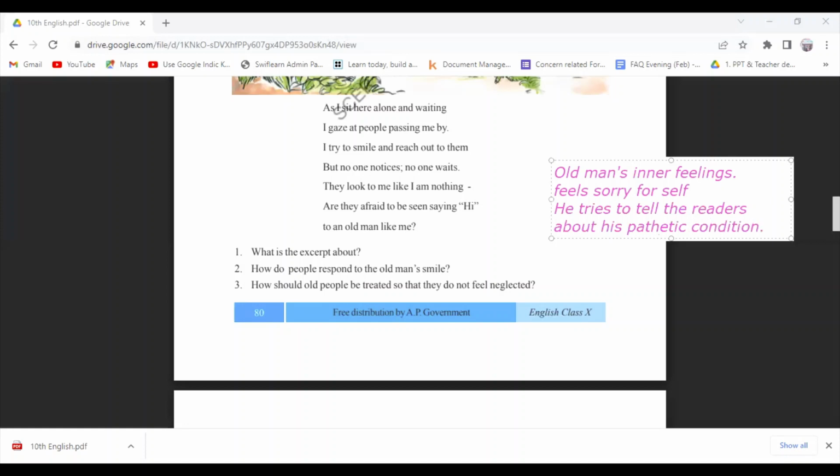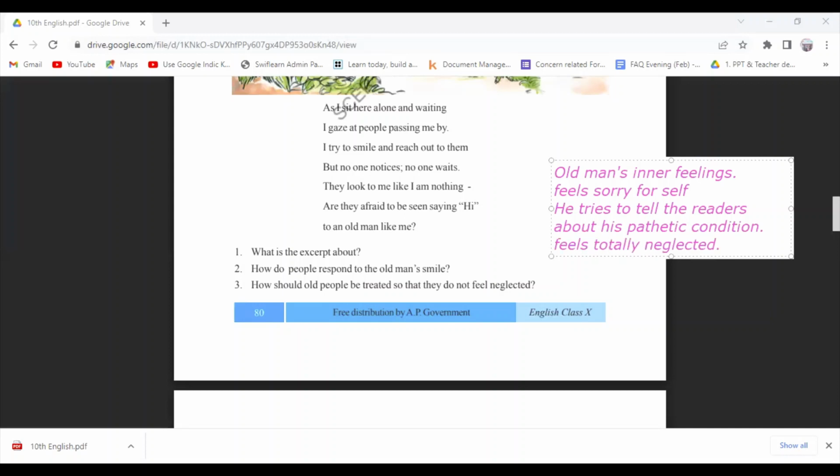Okay. Then if you observe his feeling, he feels that he is totally neglected. He says, I am totally neglected. Nobody is bothered about me. Nobody has any time to spend with me. Feels totally neglected. So this would be the appropriate first answer.